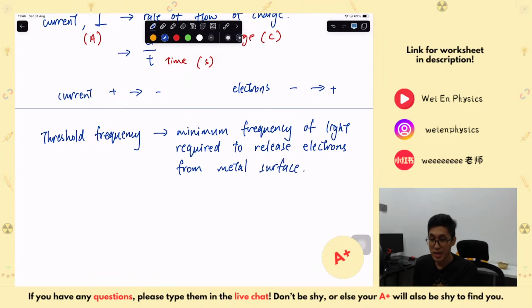Minimum frequency of light required to release electrons from a metal surface. This is called threshold frequency. If you don't know what it is, never mind. You just remember this first, just in case they ask you. This is for quantum physics.